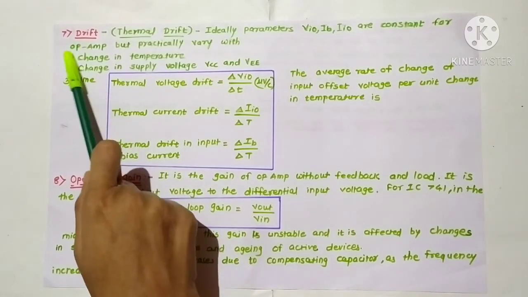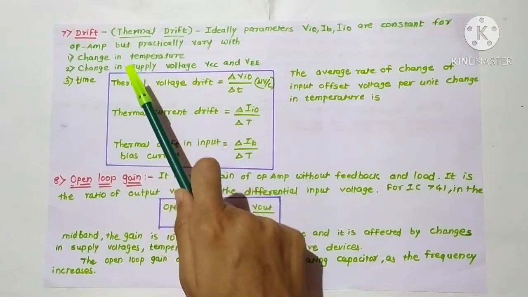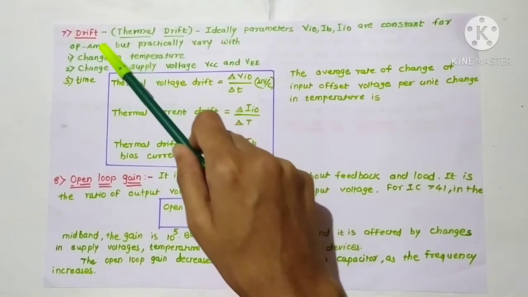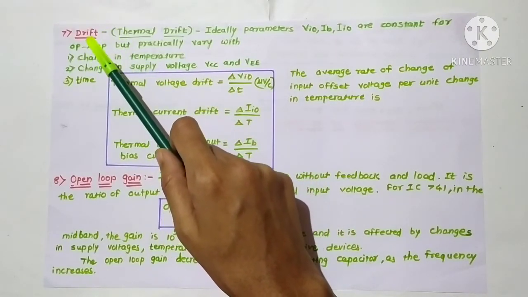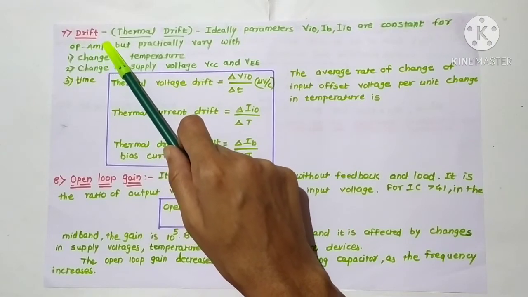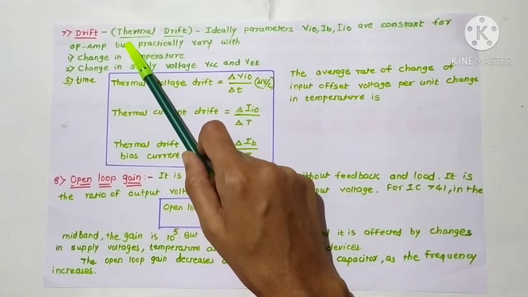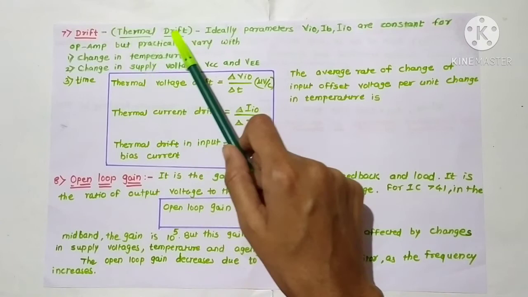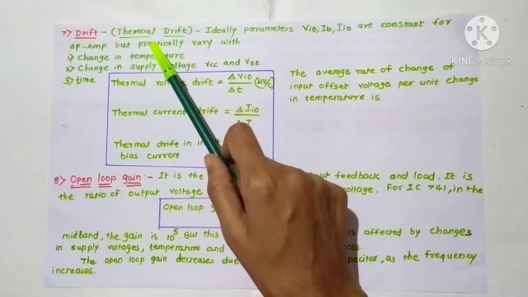Next is drift. We have already discussed it in the first point in the beginning of this chapter. Drift, or simply thermal drift, is called so because it is related to temperature.